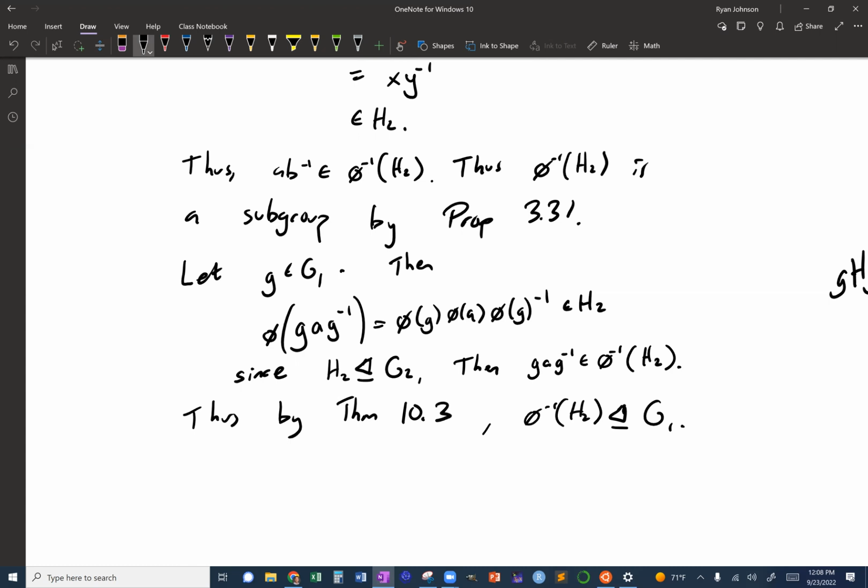Theorem 10.3. It's a normal subgroup. Okay. Questions about any of that?